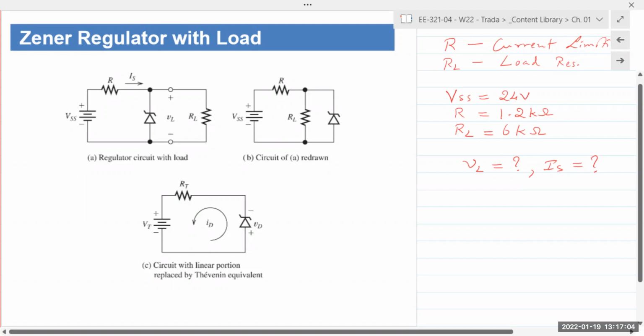Again, we're talking about voltage regulation, it's in parallel. So since we need to find the value of that Zener diode, the breakdown value, we need to find the Thevenin voltage as seen by that Zener diode. Okay, right now you have two resistors in series, so you don't know what that voltage is. It's not going to be VSS, right?